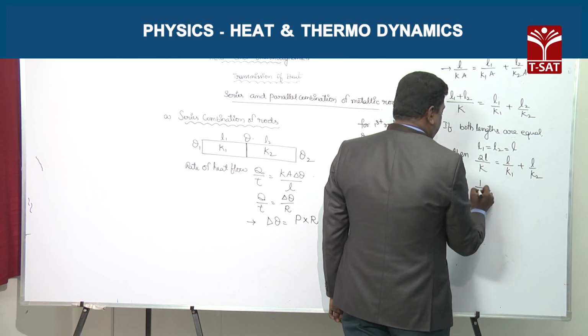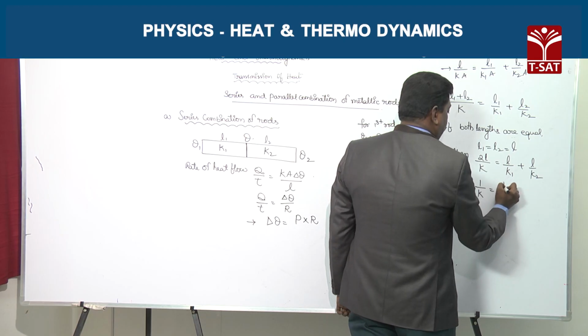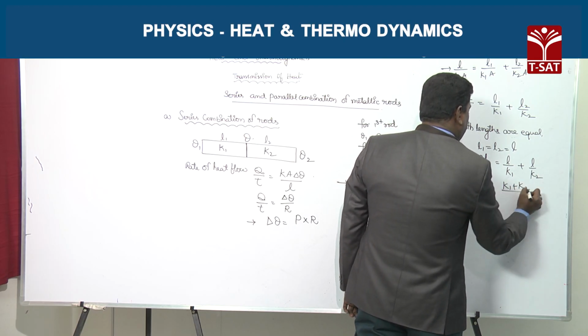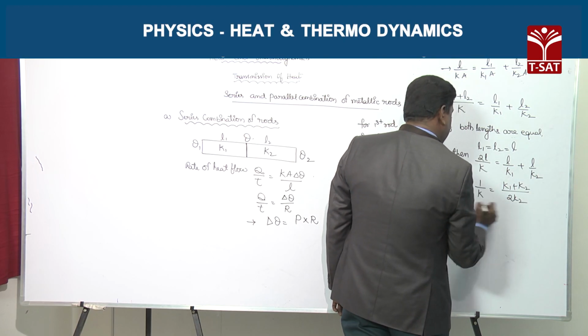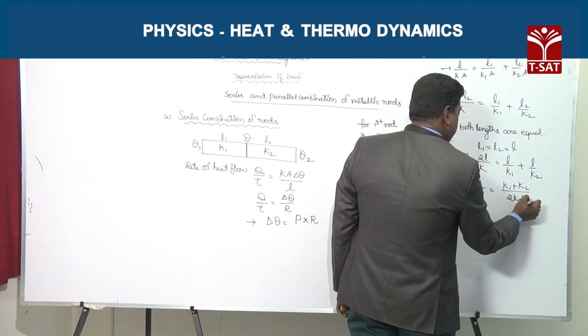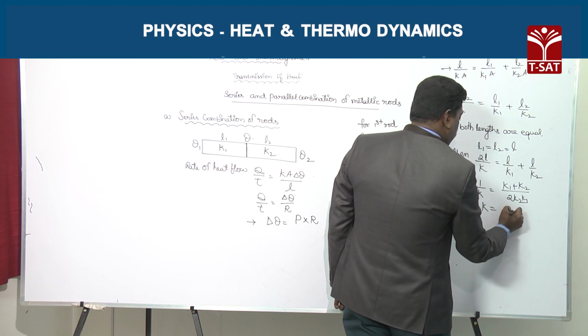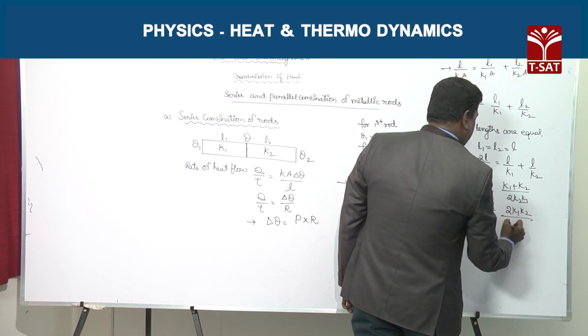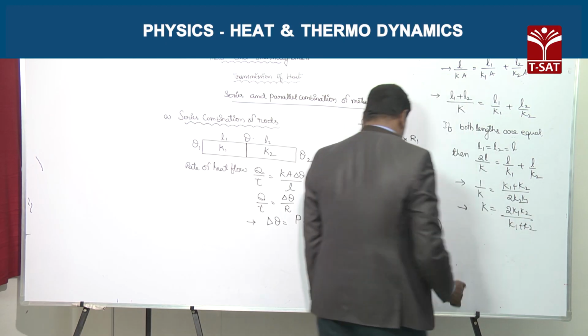We get 1 by K equals (K1 plus K2) by 2K1K2, or simply K equals 2K1K2 by (K1 plus K2).